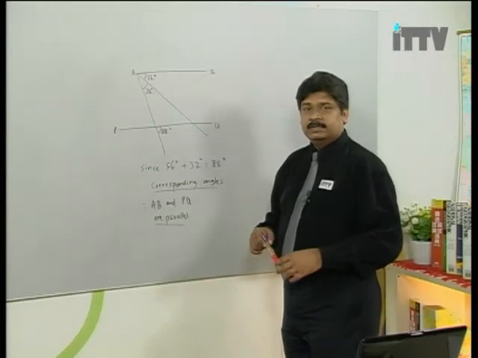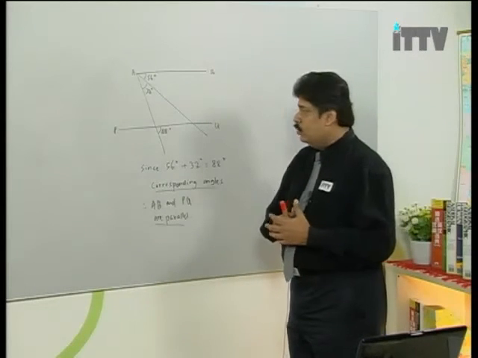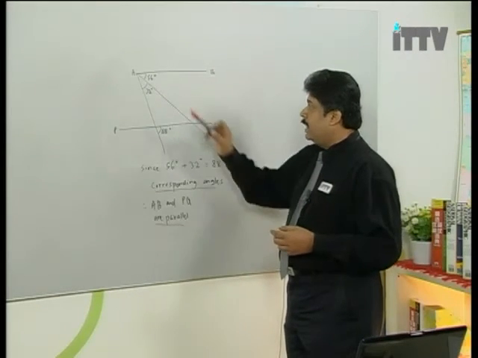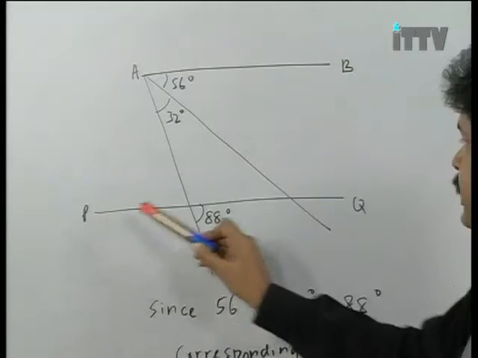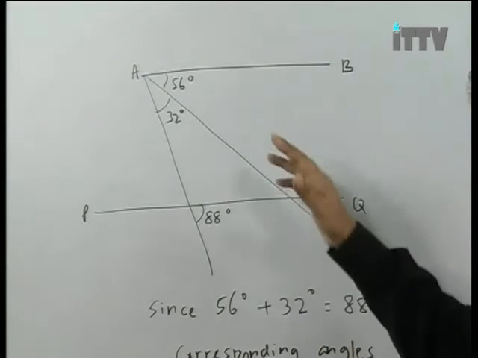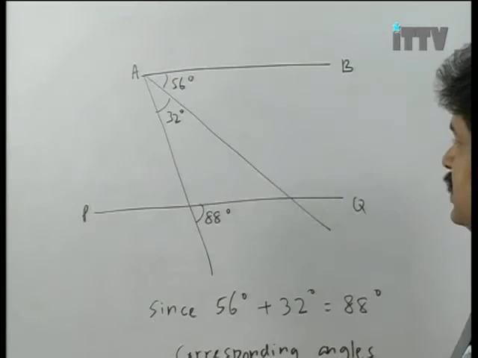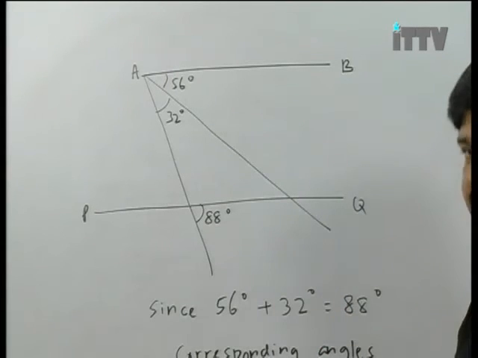Well, boys and girls, in this question, like the other questions, we need to determine whether line AB and PQ are parallel or not. If you look at the numbers given here, we have a 56 degree, 32 degrees and an 88 degrees.